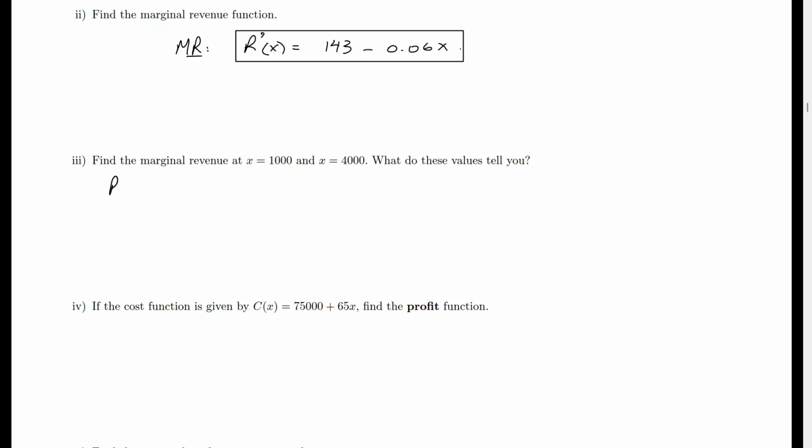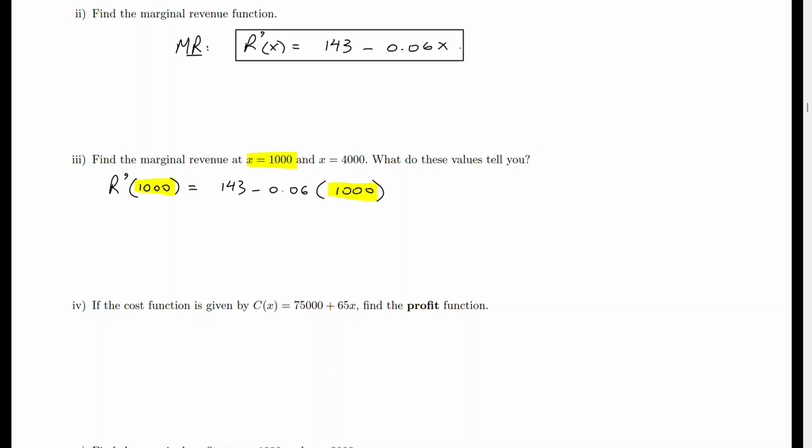So MR of 1,000 is going to be 143 minus 0.06 times x, and in this problem we're choosing x to be 1,000 because that's what they gave me. So 143 minus 0.06 times 1,000, you can use your calculator to get 83 as the answer. So what does this number mean?